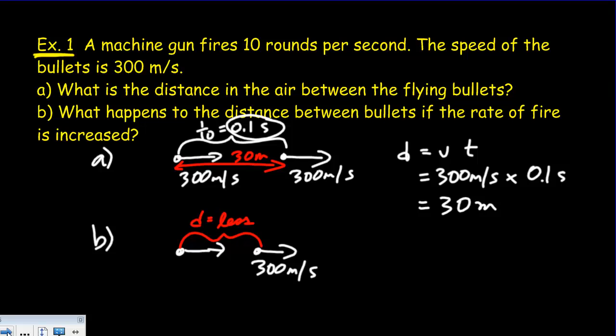Now, what does this have to do with waves? Well, we're going to look at how we change the speed of a wave. It turns out you can only affect the medium. And so in fact, as you increase the frequency of a wave, you decrease the wavelength. So in this case here, we can think of there being a wavelength here. So when we increase the frequency, we get a shorter wavelength.